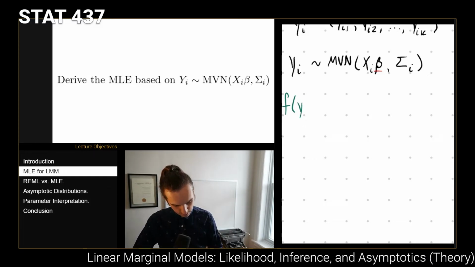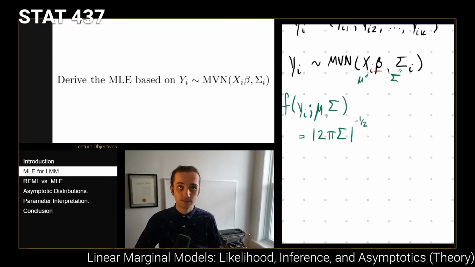Say the density f of yi, and I'm going to parameterize it using this mu here and a sigma. In our case, the mu is going to be equal to xi beta, and sigma is equal to sigma i, but for now I'll use this more standard notation. The density is going to be given by the determinant of 2 pi sigma to the power of -1/2.